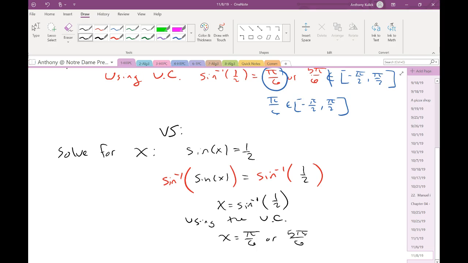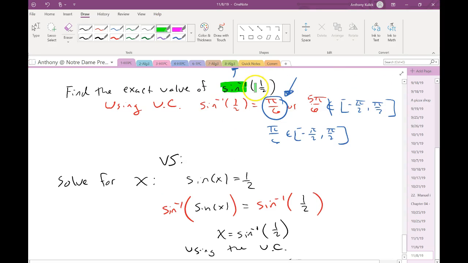The natural instinct would be, it's the same thing, you just have one answer, right? These are two fundamentally different questions, though. In the first question, we're just asking to evaluate sine inverse of 1/2. Based on our definition of sine inverse, that has only one answer.